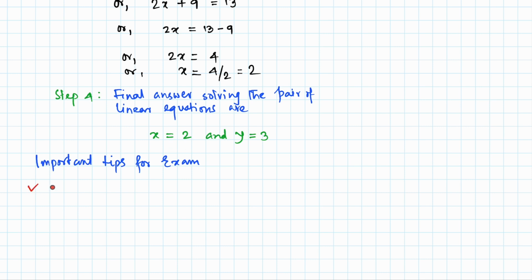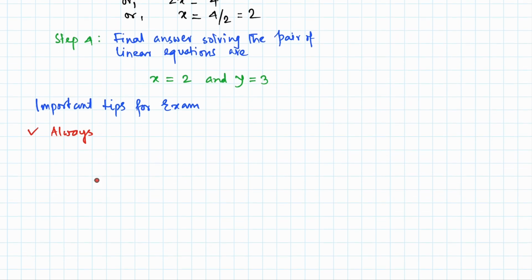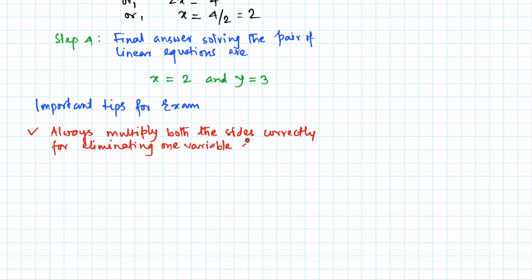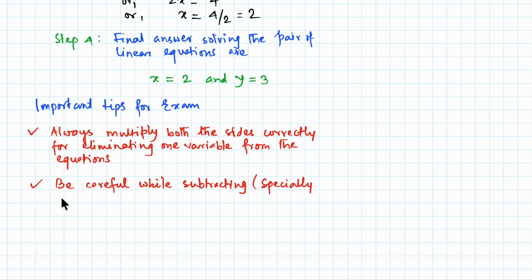Important tips for exam. Number 1, always multiply both the sides correctly. Why are we multiplying? To equate the coefficients. You can take any variable, either you want to eliminate x or you want to eliminate y. So consider those coefficients, to eliminate one variable from the equations. Be careful while subtracting, especially with the signs.